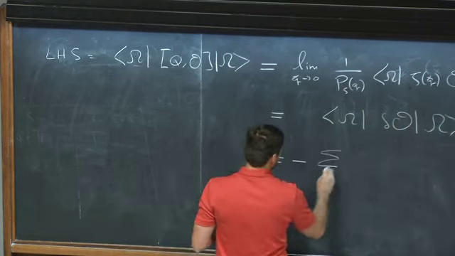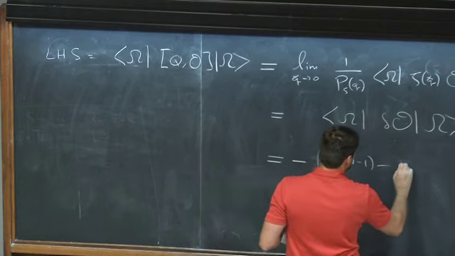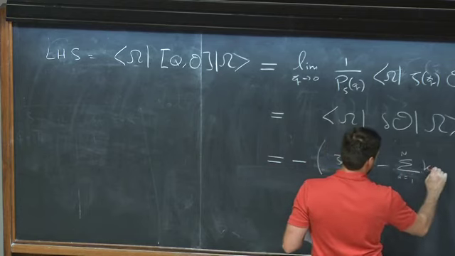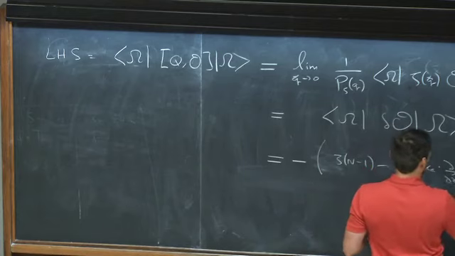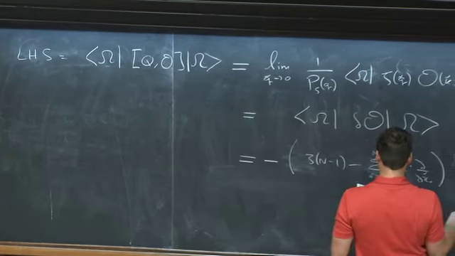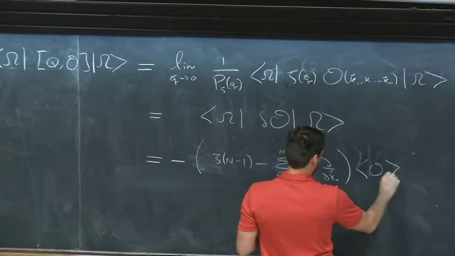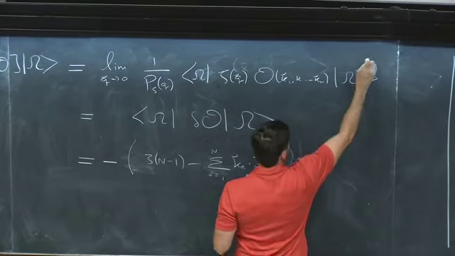It was minus 3n minus 1 minus the sum over Ka dot d/dKa on O. Prime. Yes, prime, and that's it.